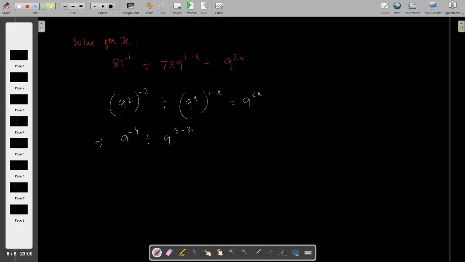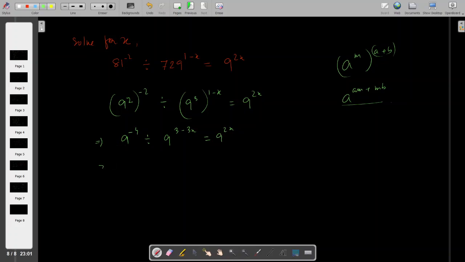Since the powers get multiplied, a to the power m, the m will be multiplied to both terms. So here also the same thing, 3 into 1 is 3, 3 into minus x is minus 3x, is equal to 9 to the power 2x.